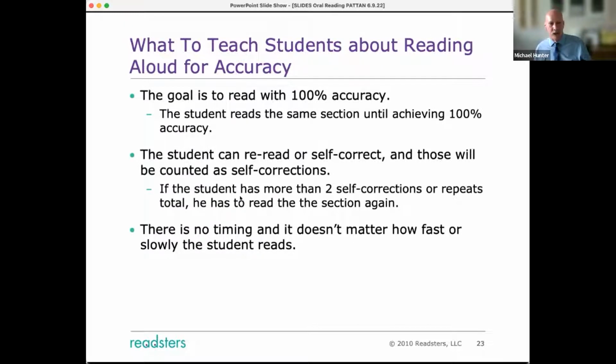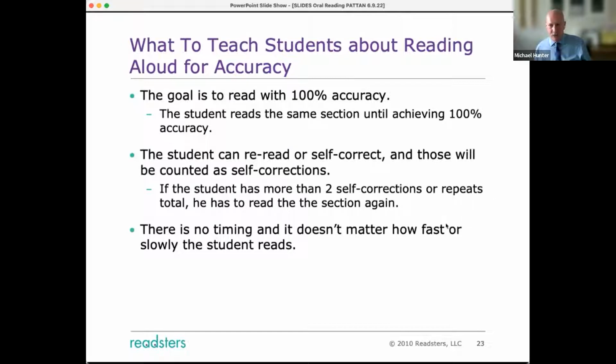And I'm going to show you how we mark that. We underline it and call it a repeat, and that would count as 1 self-correction. That will count as 1 of the 2 self-corrections max that they can have. So they could have 1 repeat and 1 self-correction. They could have 2 self-corrections or 2 repeats. Any more than that will still result in a rereading of that section when it's their next turn.